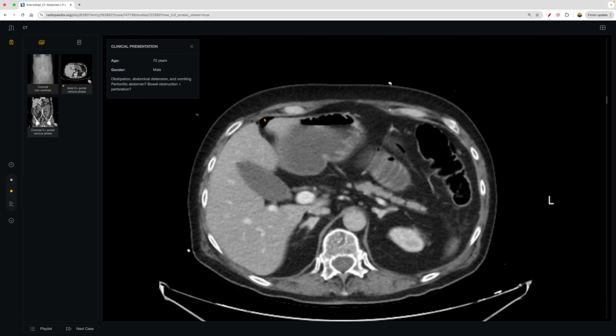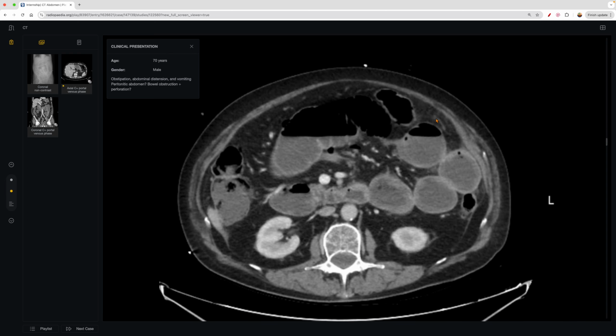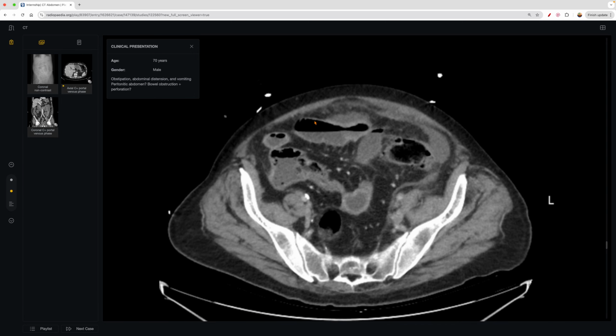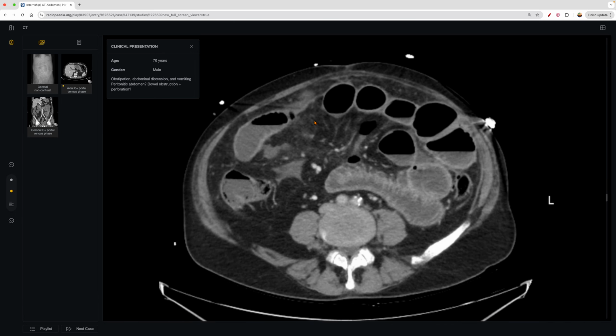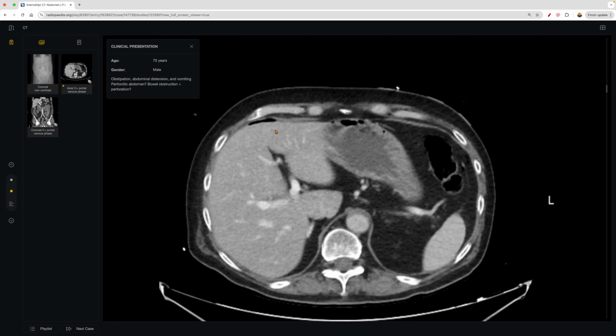And so this is all free air. That's free air there. And then as we keep going more inferiorly, we don't really see too much more. But this patient certainly had pneumoperitoneum, and we can appreciate that from the axial view here.